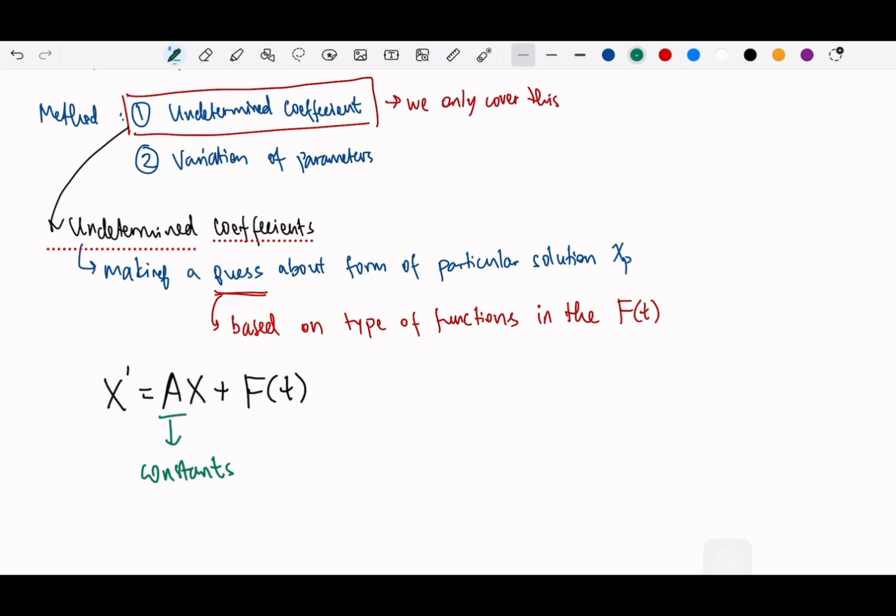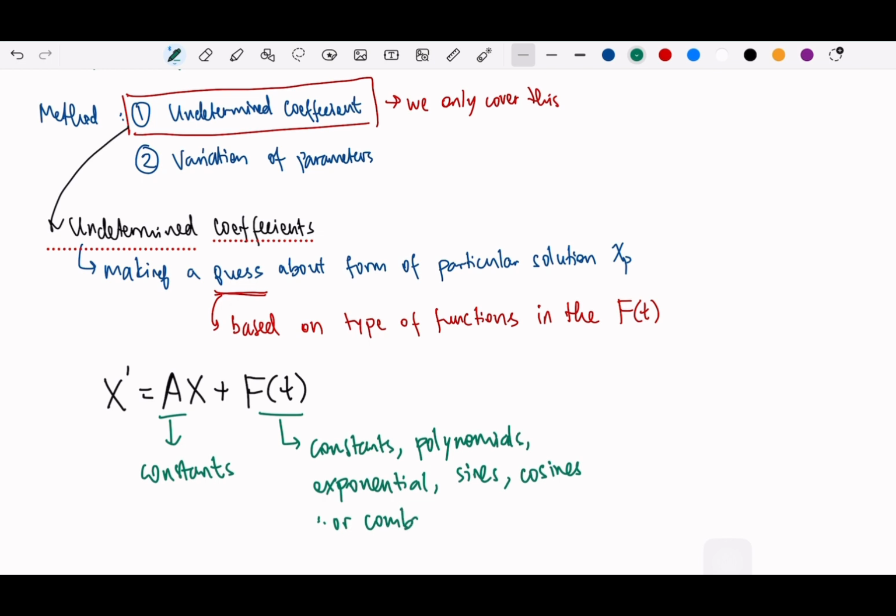The entries will be constants, and for f of t, the entries can be constants, polynomials, exponentials, sines, cosines, or combinations.